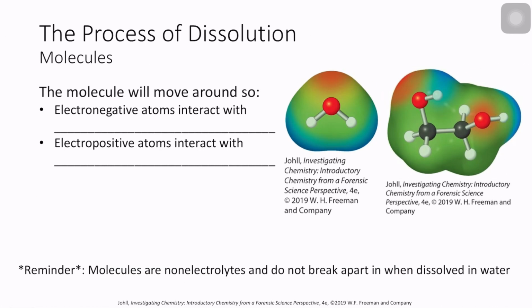The molecule is going to move around. If your solute is a molecule and not an ionic compound, it's going to move around and it's still going to be completely surrounded by water.